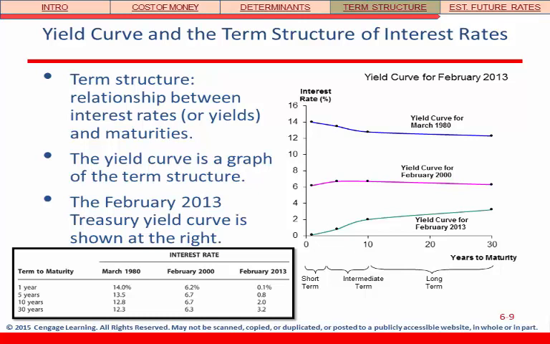And you can see that the yield curves look slightly different at different times. Obviously the yield curve was a little bit more flat around the year 2000. It actually went down in 1980, and it looks more traditional right now in 2013, except for the fact that the rates are really low. Now also look at the numbers, right?